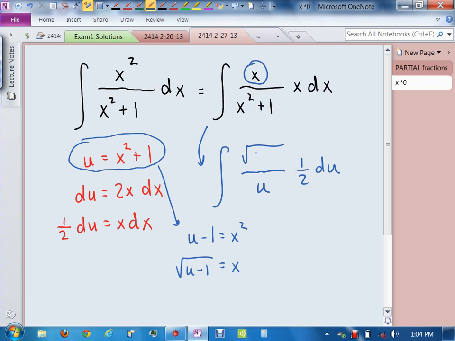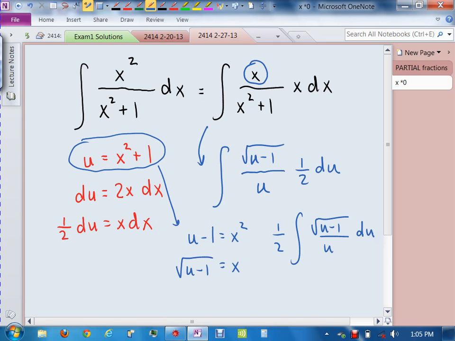Now I have square root of u minus 1 over u, and I can pull the 1/2 out: 1/2 integral square root of u minus 1 over u du. But that doesn't really make it much better. It helped a little bit, but I can't split that into two fractions, because the u minus 1 is trapped under the root. See what I'm saying? Kind of stuck?